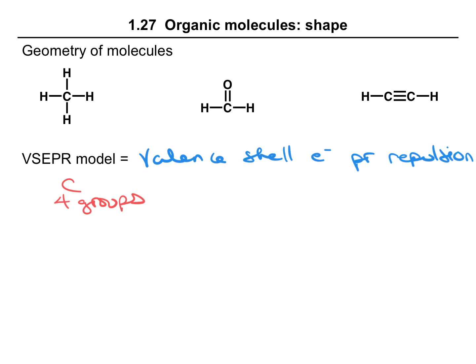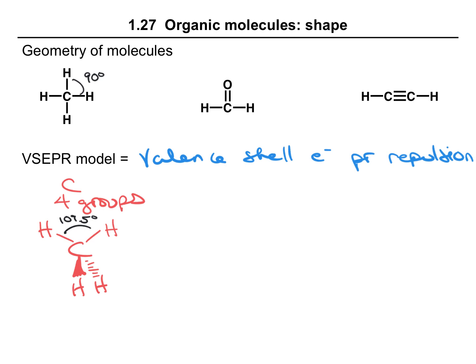So if we have our central carbon, two of those hydrogens are in the same plane, so the HCH are in the same plane, but then we have one hydrogen that is coming forward and one hydrogen that is going back. Now we have an overall tetrahedral arrangement, and our bond angles are 109.5 degrees. So much bigger than the 90 degrees if we were stuck in two dimensions.